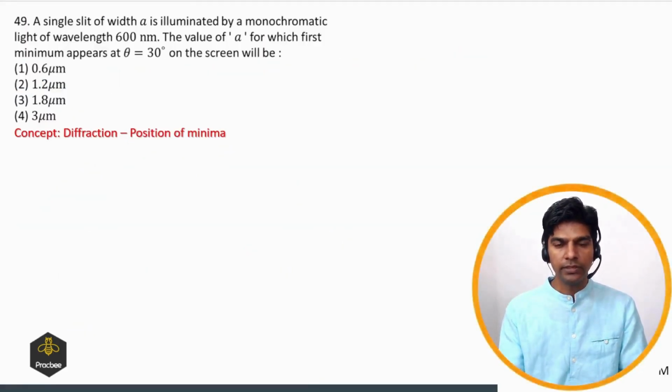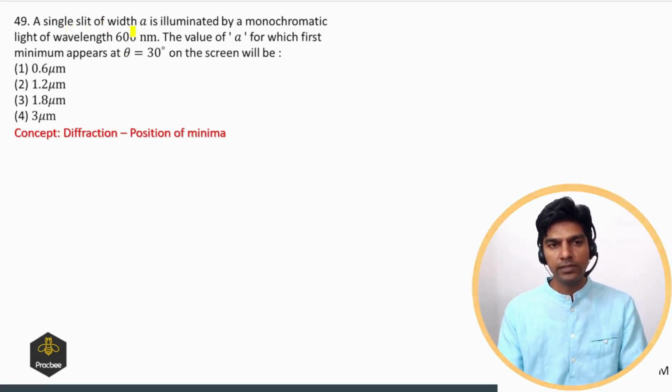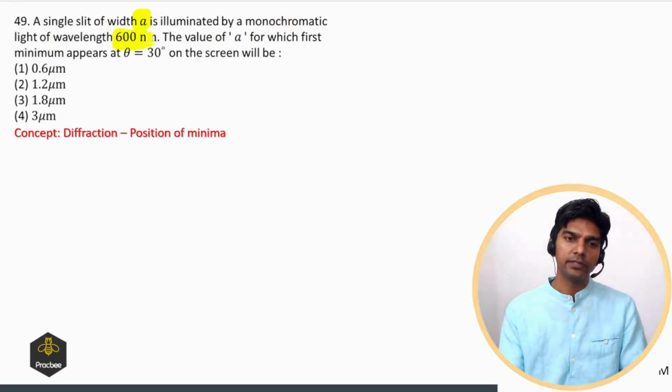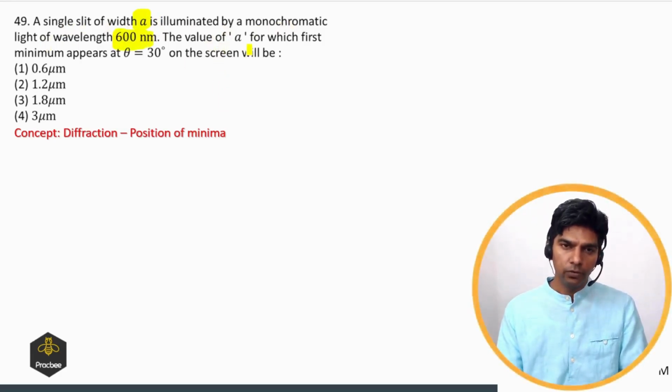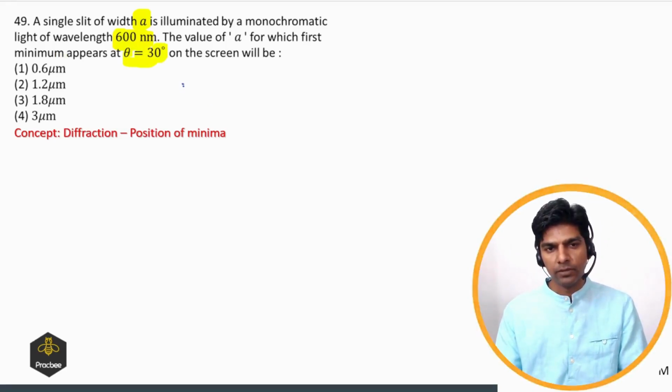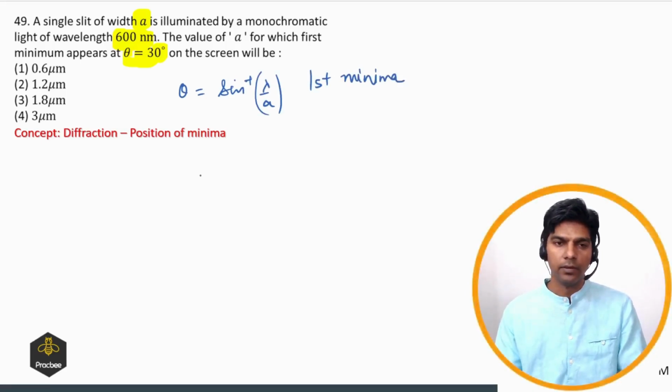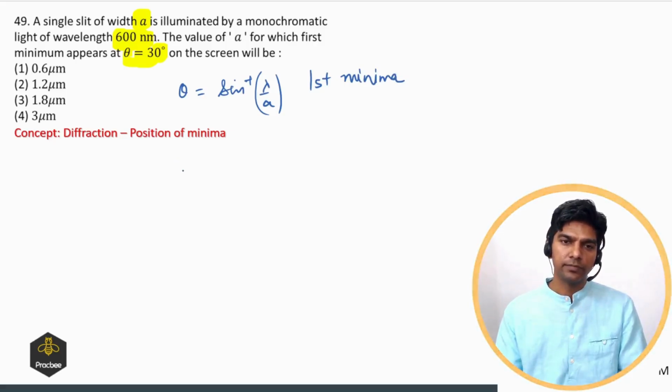Now this question is again based on the same problem type. A single slit of width A is illuminated by a monochromatic light of wavelength 600 nanometer. The value of A for which first minima appears at 30 degrees. So we know that theta can be written as sine inverse lambda by A for first minima, and theta is given as 30 degrees.